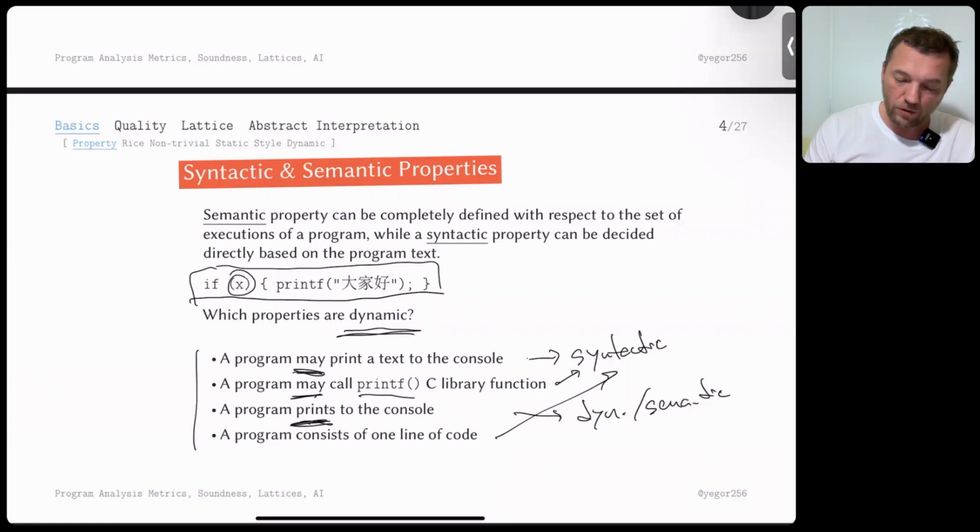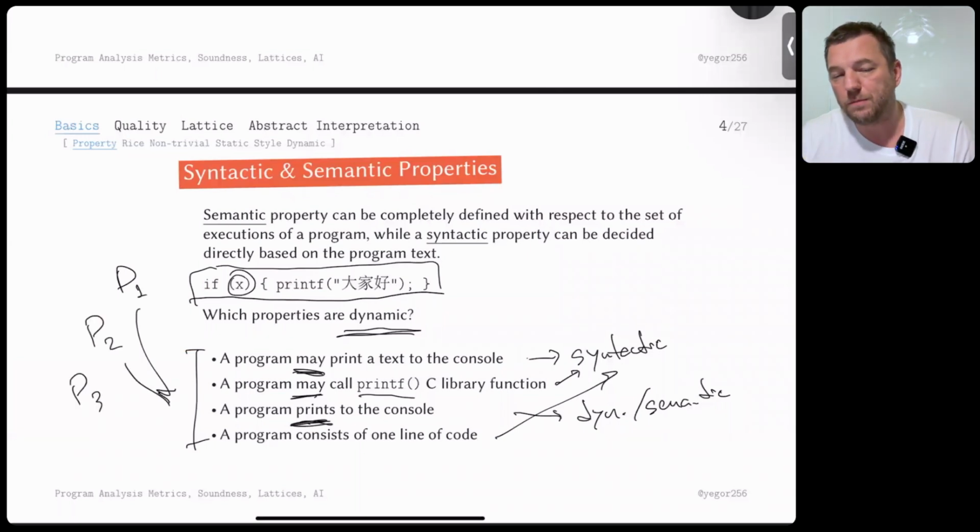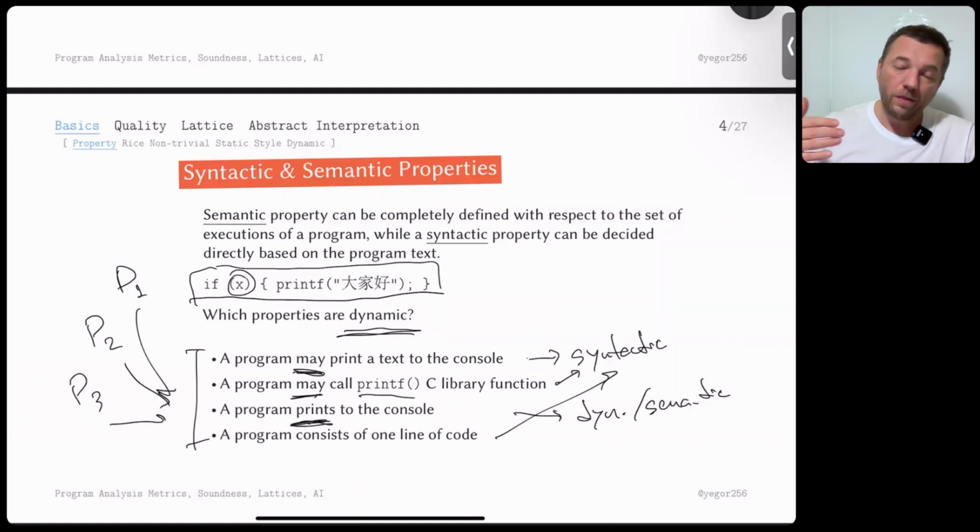And into these properties we can send other programs, program 1, program 2, program 3, and check whether these programs actually have certain properties. So all this program analysis, which we're going to discuss today and in the next few lectures, is all about detecting the properties of a program.